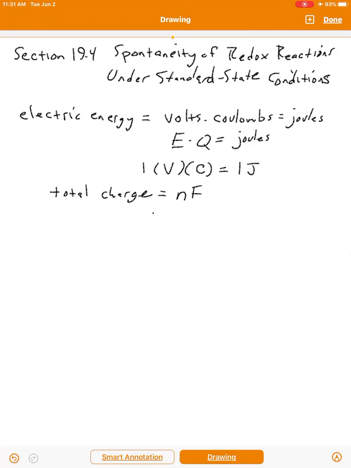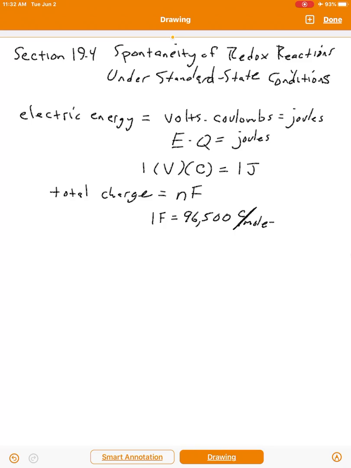And a Faraday is nothing more than a conversion between coulombs and moles. And it's approximately 96,500 coulombs per mole of electrons. C for coulombs, that's the amount of electrical charge in coulombs divided by mole.